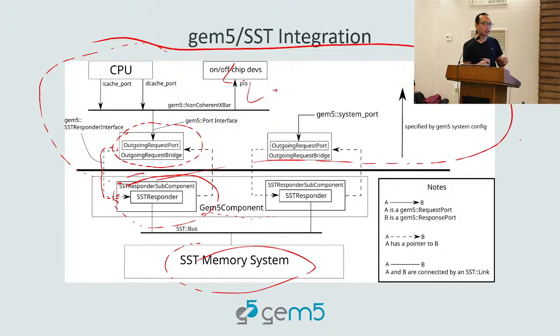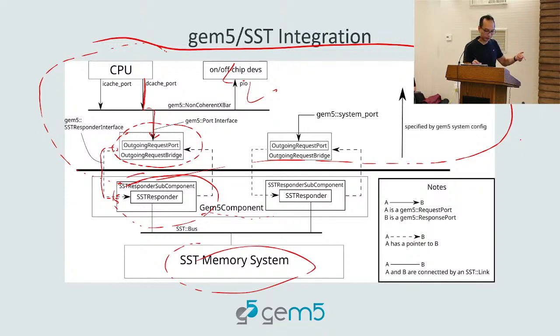Let's see what happens when the CPU sends a request to this memory system. Assume it's a data cache request port. The packet will be sent from the CPU to the request port, which is owned by the request bridge.